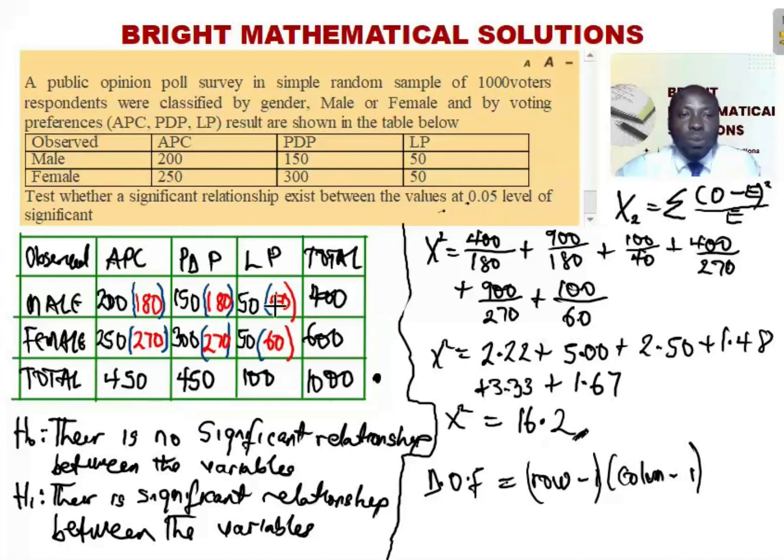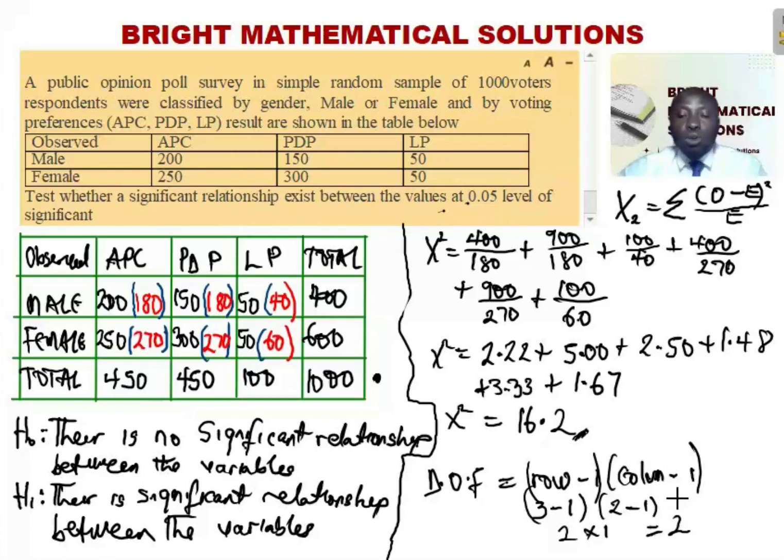This is our row and this is our column. So how many values do we have in our row? 1, 2, 3. So that is 3 minus 1, and the column we have 2, that is 2 minus 1, so that is 2 multiplied by 1, which is 2.